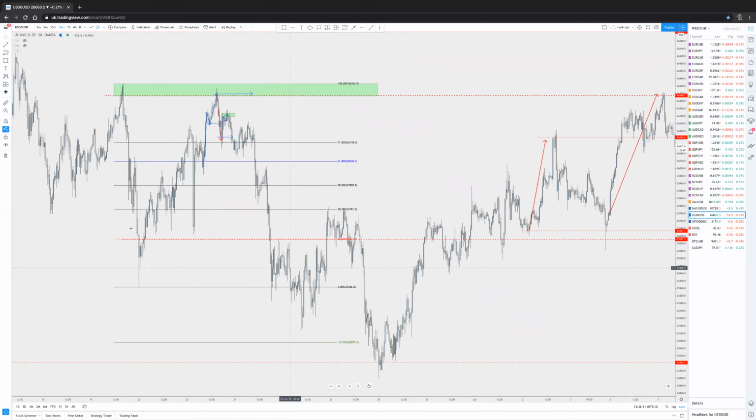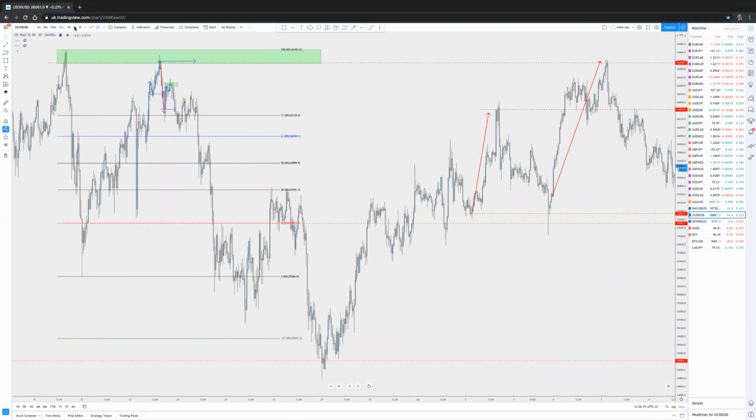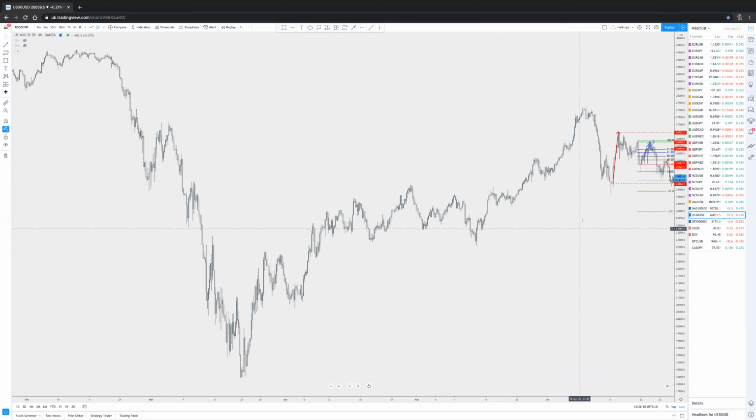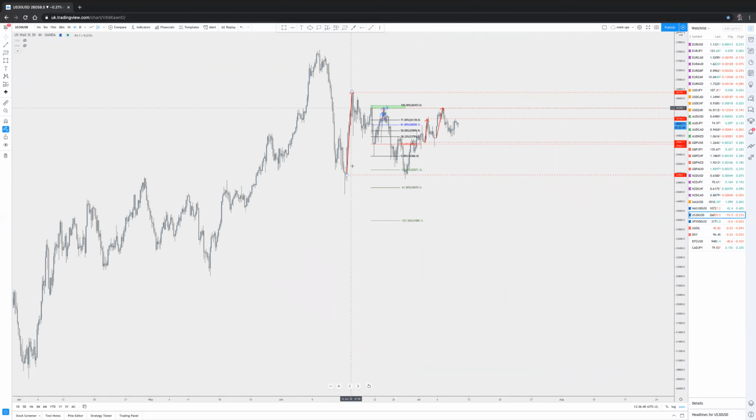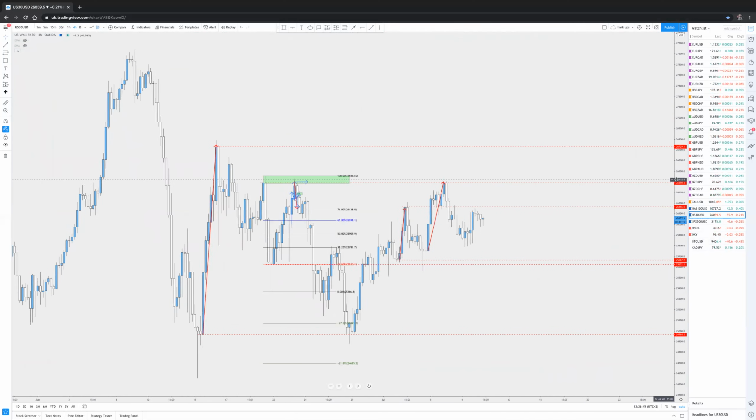So in order for this pullback based on H4 to continue going down, we'd be breaking structures, trending down, breaking structures, trending up, breaking structure, trending down, breaking structure, trending up, until we break structure of this downward move in our pullback on H4 to now create some upward momentum for the continuation of our overall bullish bias based off of this impulse. I hope that was a mouthful. I really hope I didn't lose anybody there.